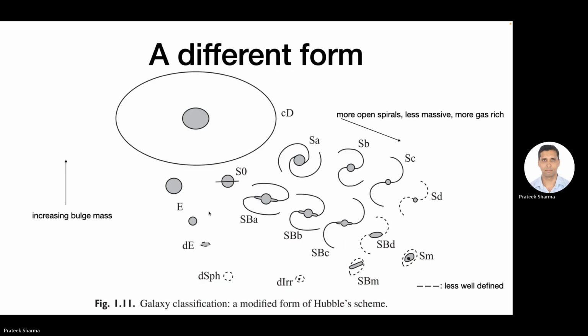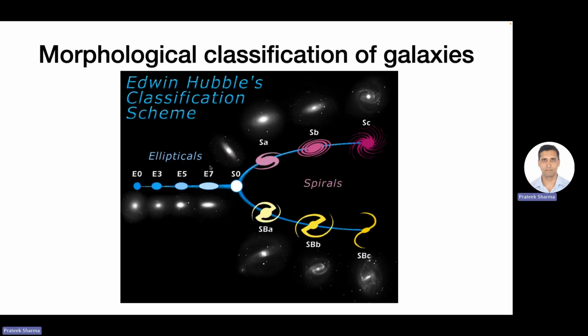So this is one way of looking at the classic way. This subject has been studied a lot, starting from Hubble, to people like de Vaucouleurs and so on, standard names that you would encounter when you study galaxies.